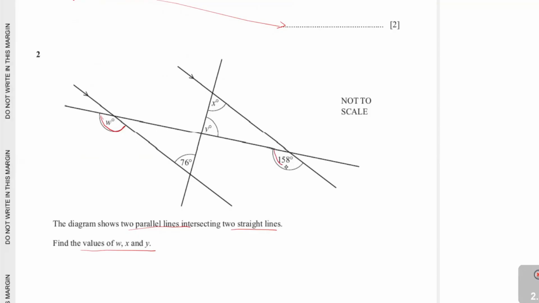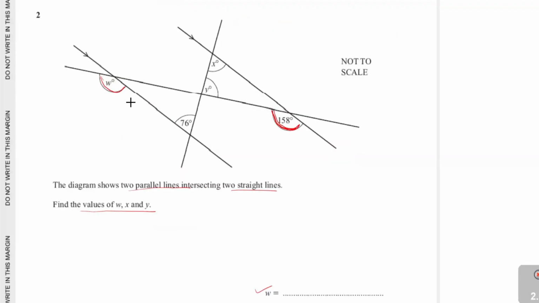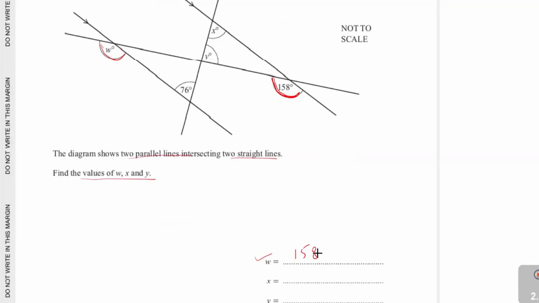And next, this angle is 158. This angle is also between the parallel line and the same transversal line, and both angles lie in the downward direction. Therefore, the corresponding angle of w is 158, and w will be equal to 158 because the corresponding angles are always equal.